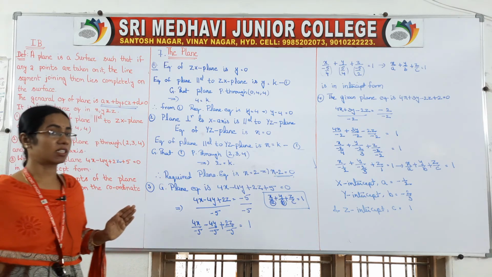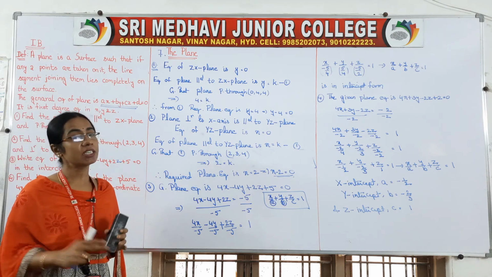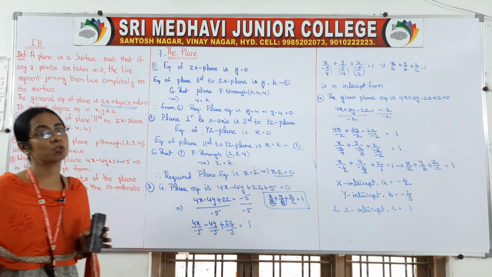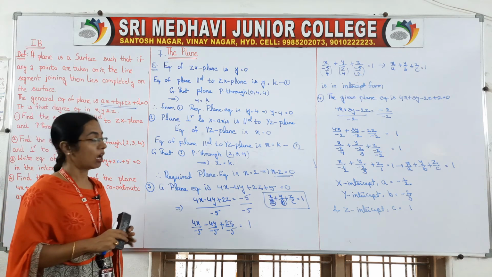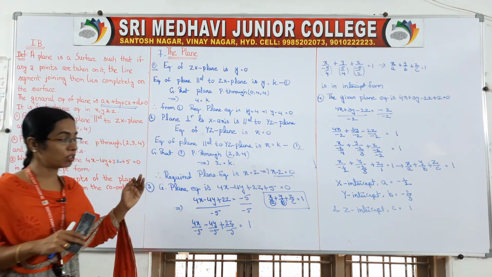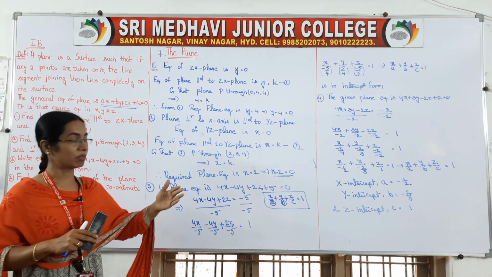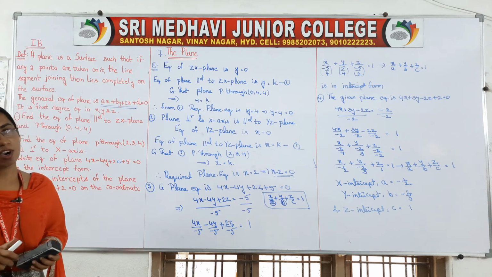First try to get the number 1 on the right side. How? Send the constant to the right side and divide both sides by that right side value, and you will get 1. After that, on the left side also try to get x by some value plus y by something plus z by something is equal to 1. That is called the intercept form.